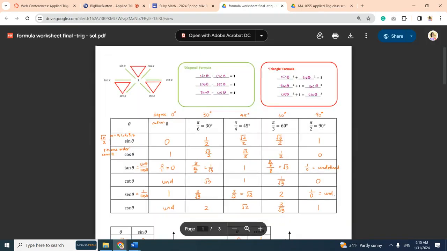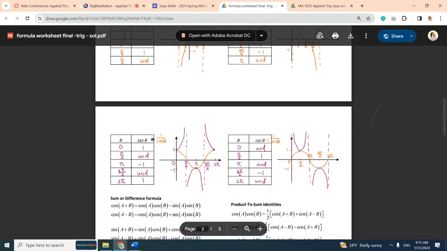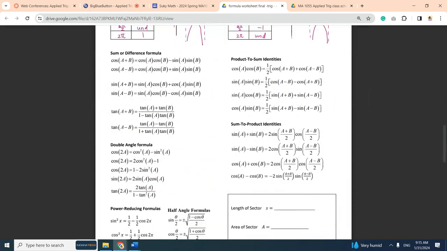Okay. So you can see these are the ones you need to know. They are blank. You need to know. These are the ones that you don't need to memorize. The math department talked about what is really, really important for you. You need to know, then you need to memorize. These ones, you just need to know how to use them.